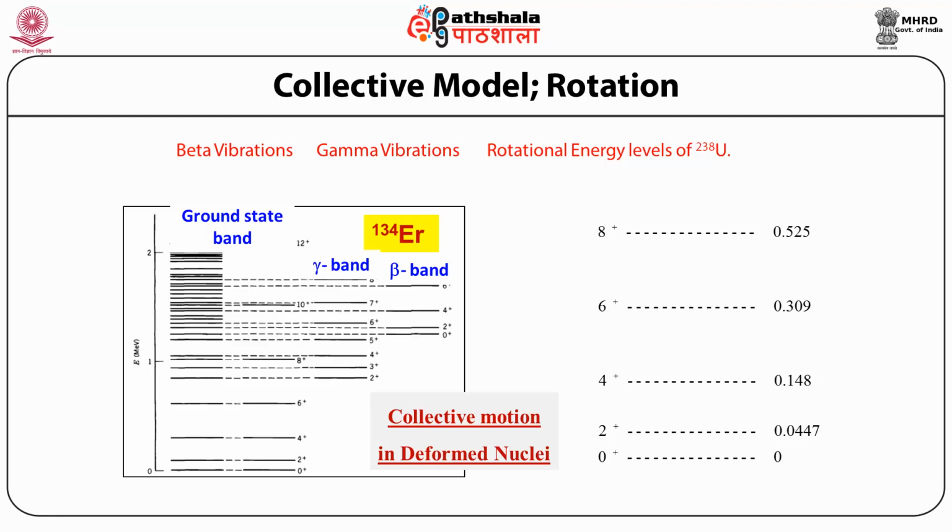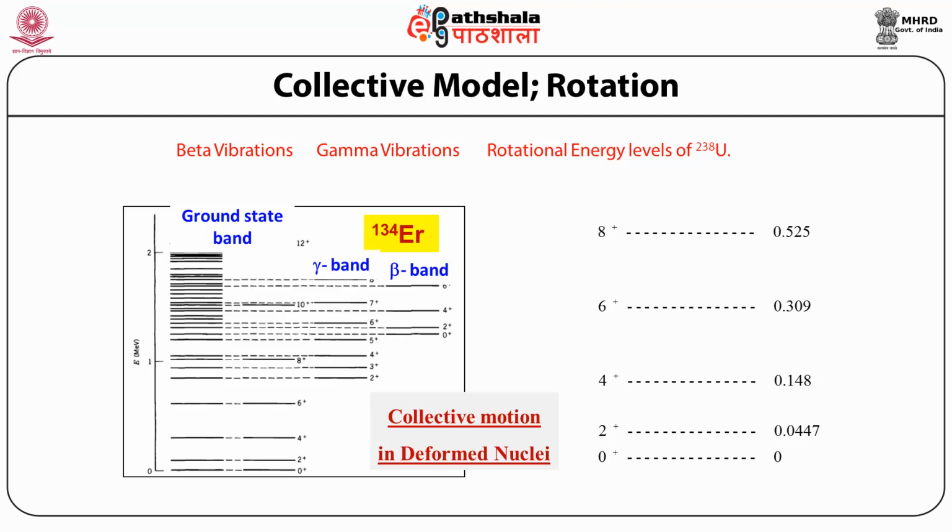On the other hand, when some triaxiality is there in the deformed nucleus, the vibrations give a number of energy levels which form a band that we label as the gamma band. So gamma band and beta band are the vibrational energy level bands with respect to two different kinds of deformation.